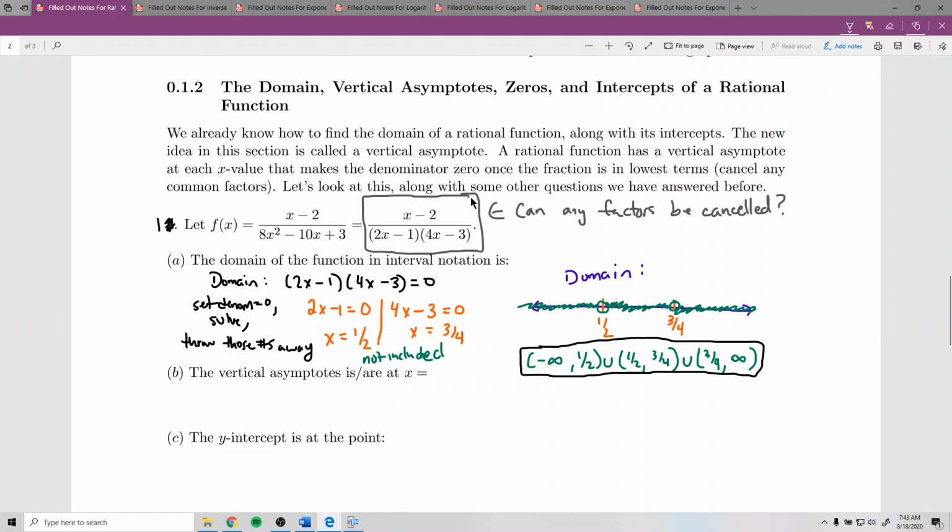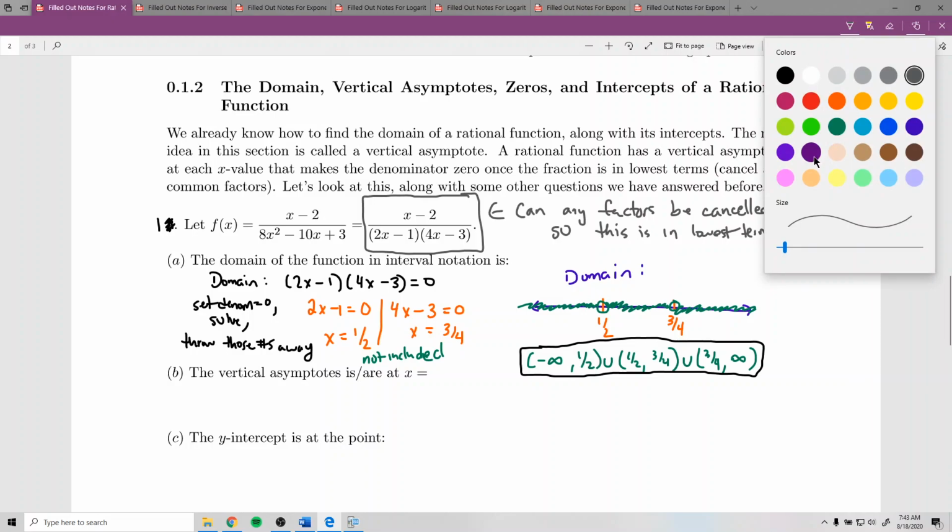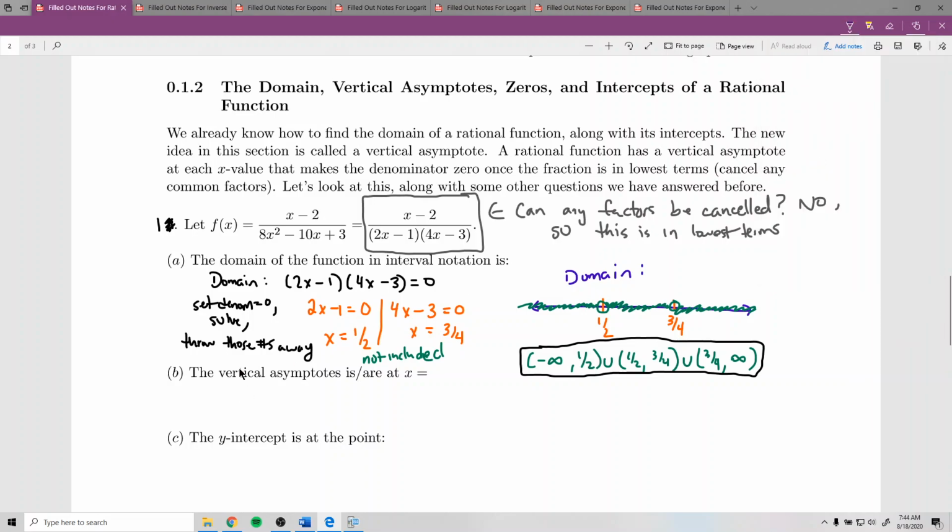On the top we have x minus 2, and that cancels with neither of those. So this is in lowest terms. Since it is in lowest terms, that means that every number that makes the denominator 0 is where a vertical asymptote is. And we know where the denominator equals 0. It's at 1/2 and 3/4.